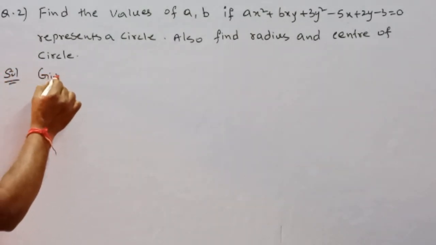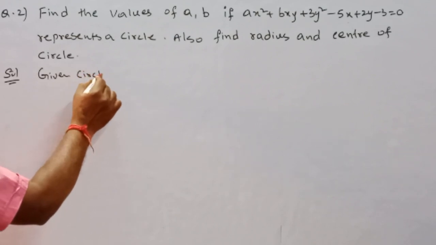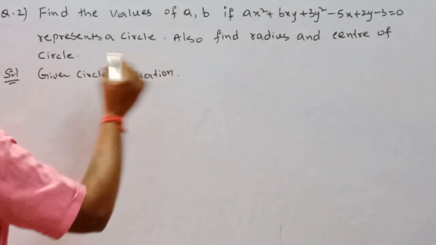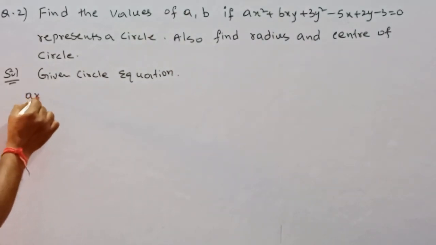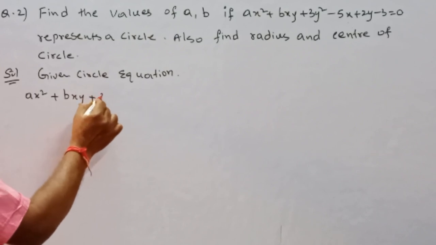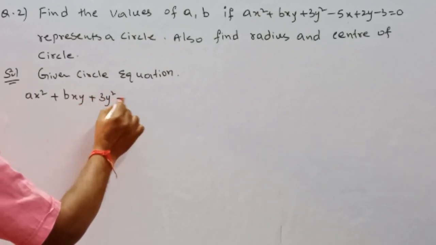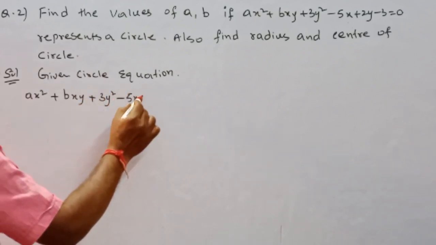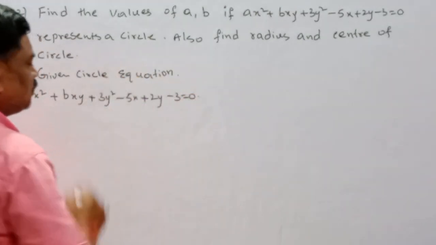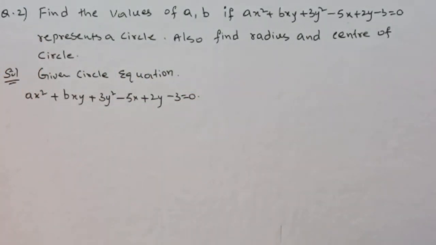Given circle equation: ax square plus bxy plus 3y square minus 5x plus 2y minus 3 equal to 0 is the given circle equation.